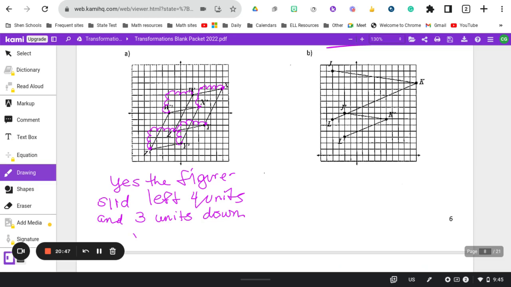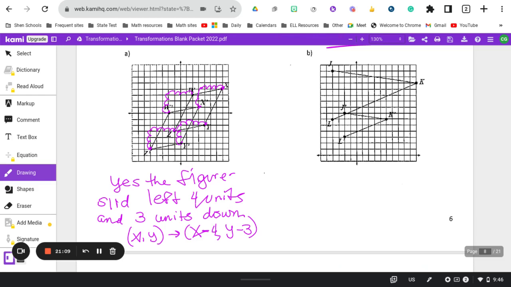If I wrote the translation rule as arrow notation, it'd be (x, y) goes to (x minus 4, y minus 3). Okay. Ugh, my stylus. So again, if you're having trouble reading my writing because the stylus is not cooperating, then please pull up the answer key.